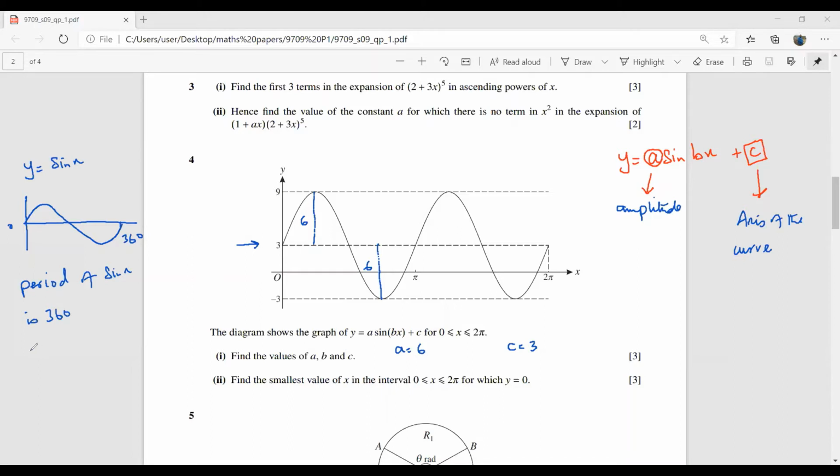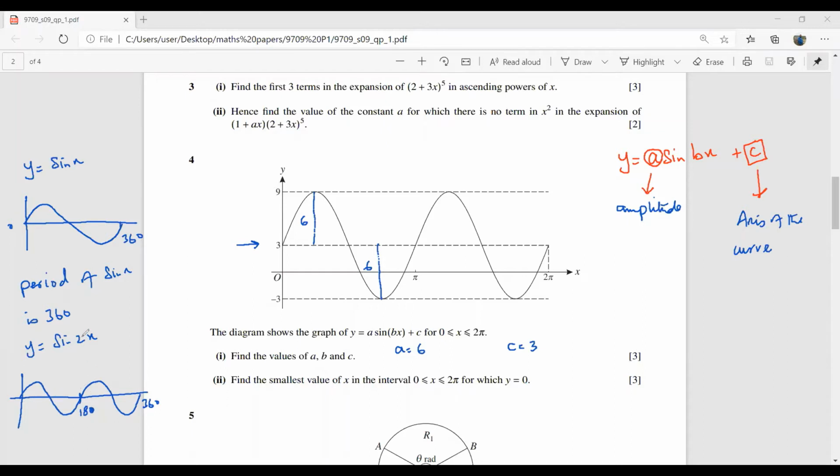If you look at y is equal to sine 2x, within 360 degrees you will have two such curves. So this is 360 over here, and this is 180 degrees over here. That means one wavelength is being completed within 180 degrees.